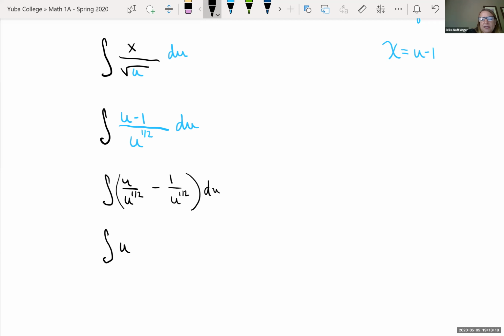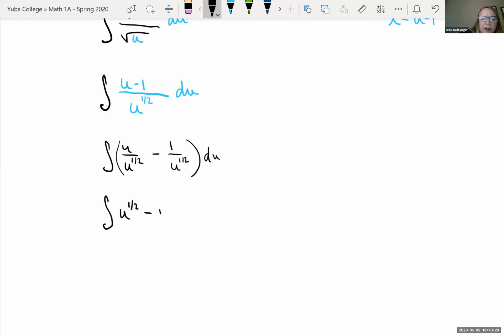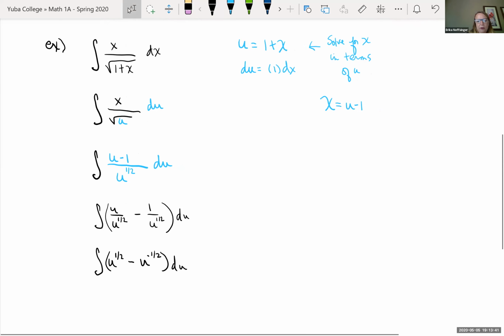So 1 minus the exponent on the bottom, 1/2, is 1/2. So I have u to the 1/2 minus, I don't like that u in the denominator, so I'm going to bring it up into the numerator by changing the sign of my exponent, so u to the negative 1/2 du. Okay, so we just manipulated something that we didn't know how to integrate using u-substitution.